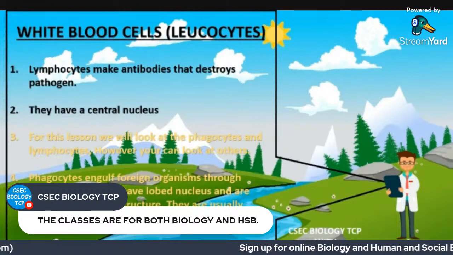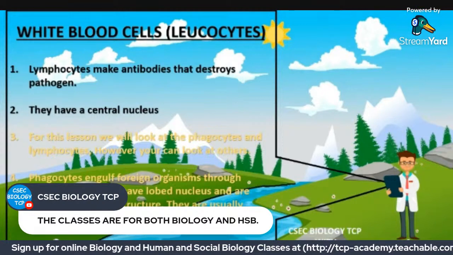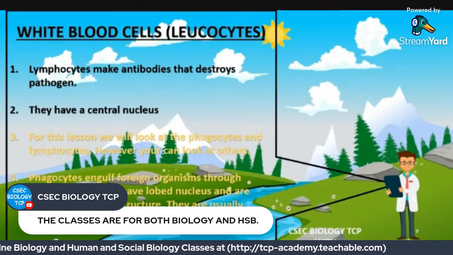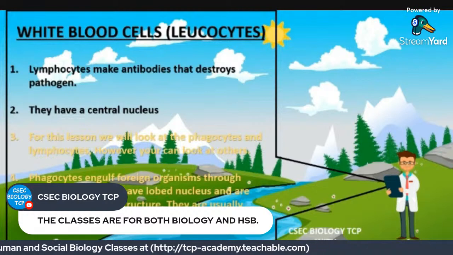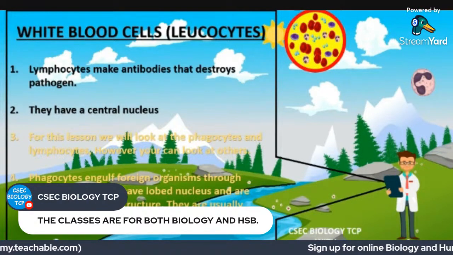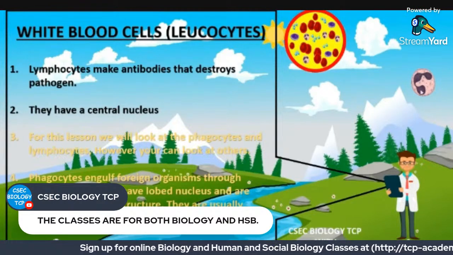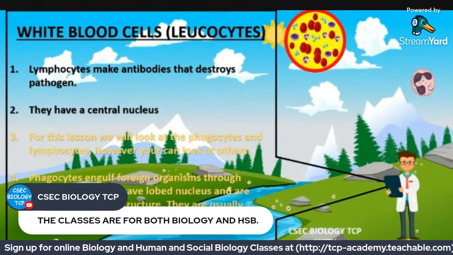Phagocytes engulf foreign organisms through phagocytosis. They have a lobed nucleus and are usually granular in structure. They are usually irregular in shape. So if you were supposed to look at the phagocyte here, you'll realize the lobed nucleus.